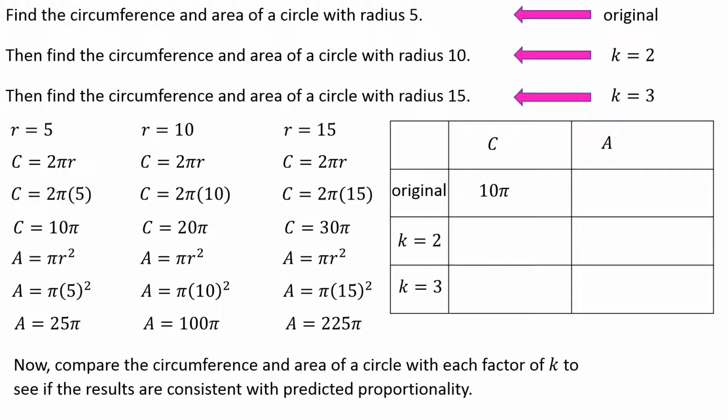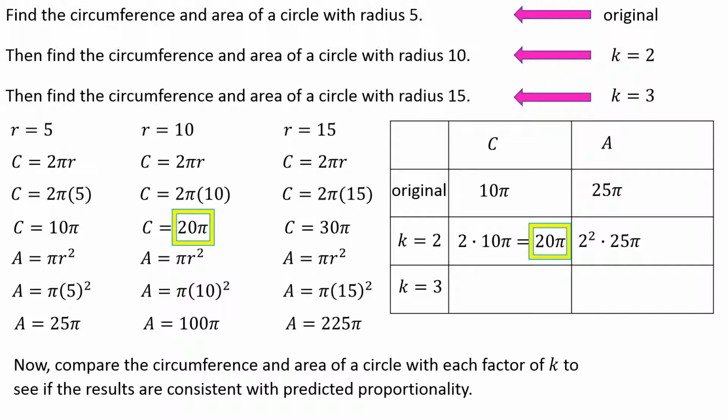Well, if the original circumference was 10 pi, and the original area was 25 pi, what should happen when k is 2? Well, 2 times 10 pi is 20 pi. Sure enough, that's what happened. 2 squared times 25 pi.